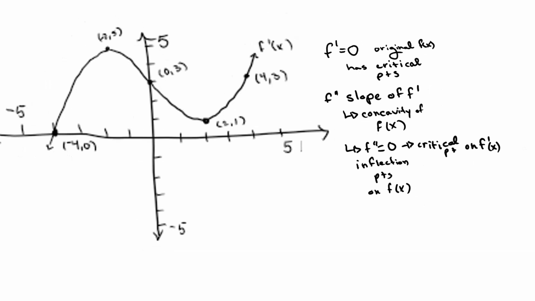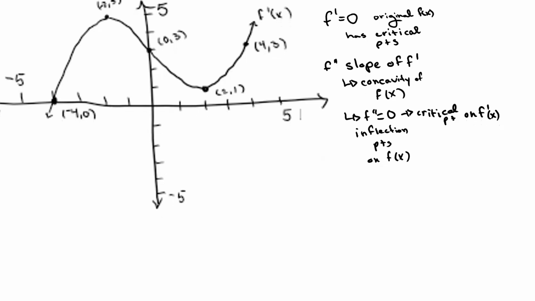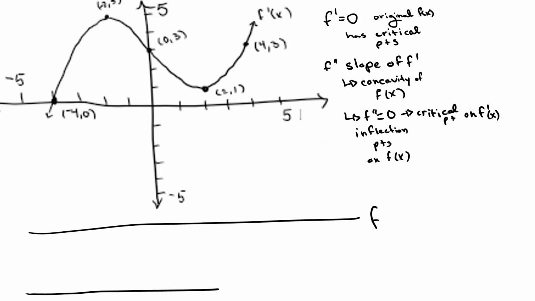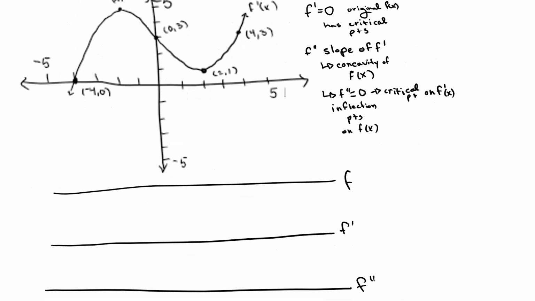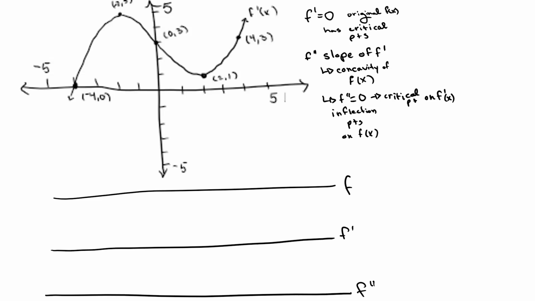All right, so bearing those things in mind, let's make our number lines for f prime, and f double prime. All right, so our function here, f prime, has x-intercepts only at -4.